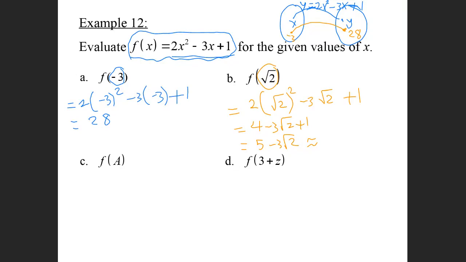Three decimal places. This is the full answer. I want you to round it to 3 decimal places.